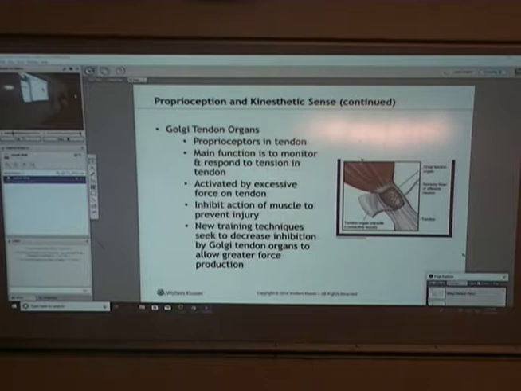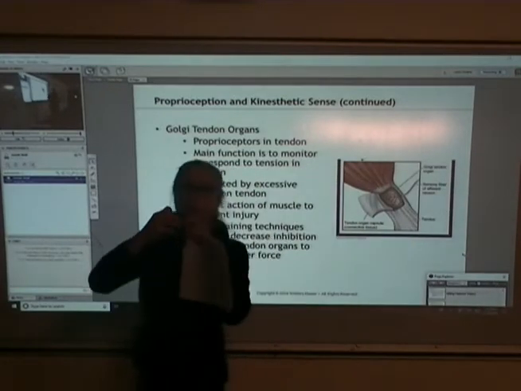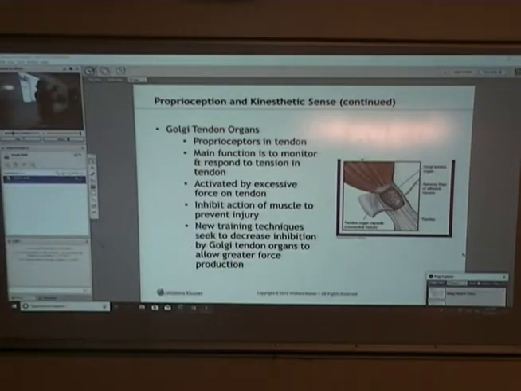Right? So again, it has a protective function, because if there's too much force in the muscle, then it can rupture the tendon, or if the tendon doesn't give way, it can smash the bone.